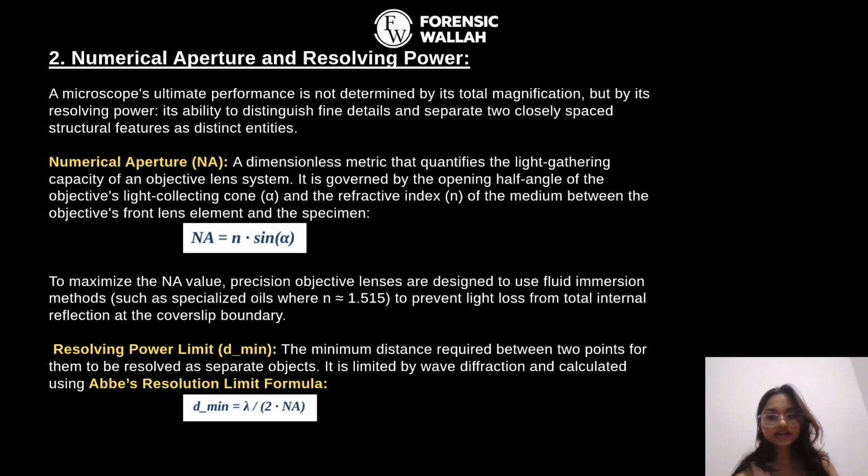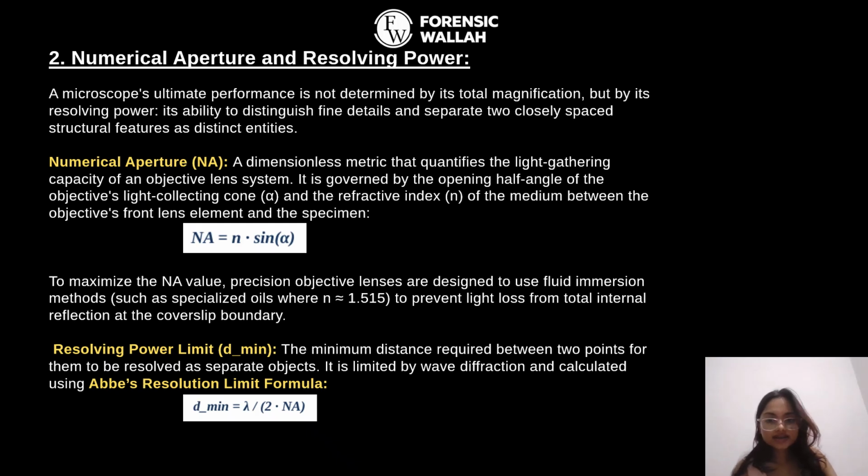Because the refractive index of air is approximately 1, the maximum theoretical NA of a dry lens can never exceed 1. To maximize the NA value, precision objective lenses are engineered to use the fluid immersion method.